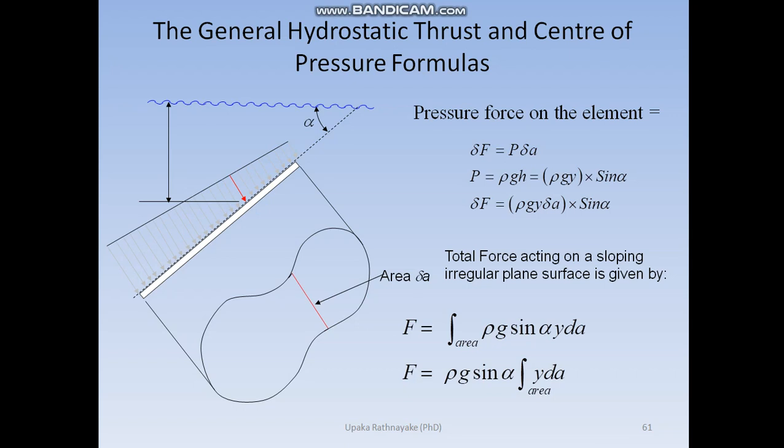We will follow the same steps we have done for the simplest case. Draw a contour at a depth of h. Now the inclined distance is y.